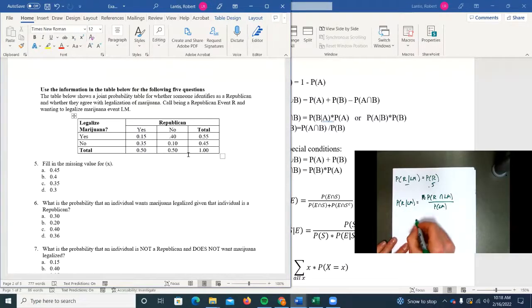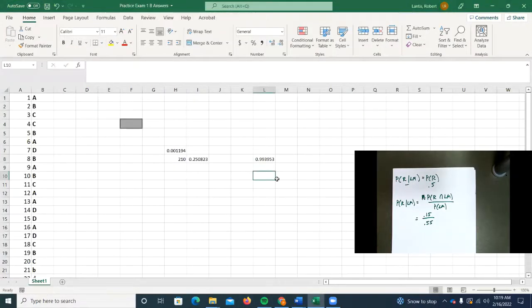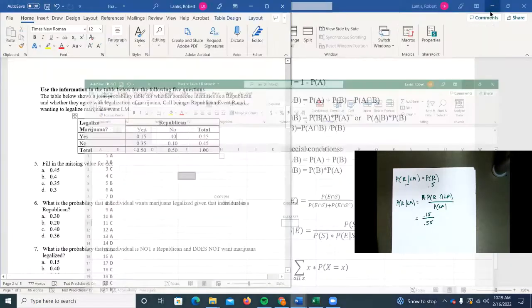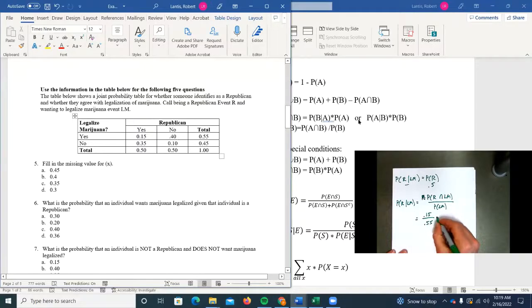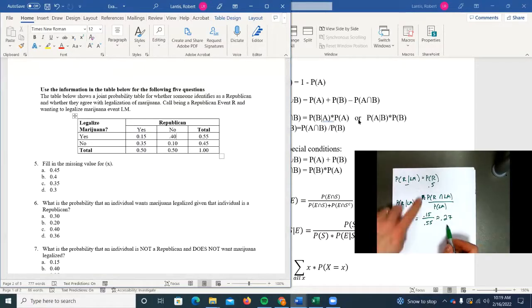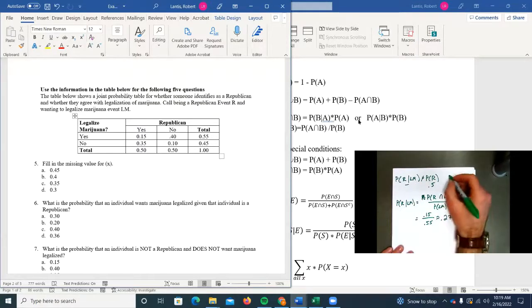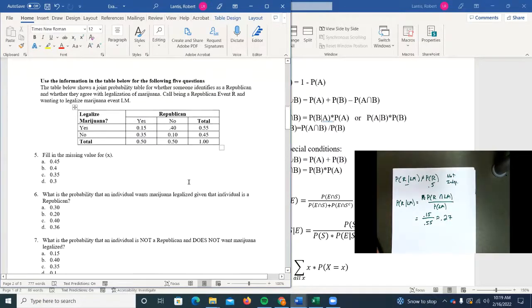Okay, so what's the probability someone's a Republican and wants marijuana legalized? 0.15, divided by the probability they want marijuana legalized, 0.55. I'm not sure what this is off the top of my head, so I'm going to cheat here. About 0.27, right? So this is approximately 0.27. That is not the same as 0.5, so the equality doesn't hold, and I would say that they're not independent events.